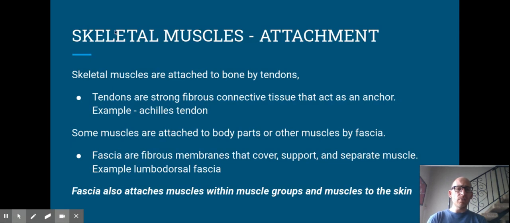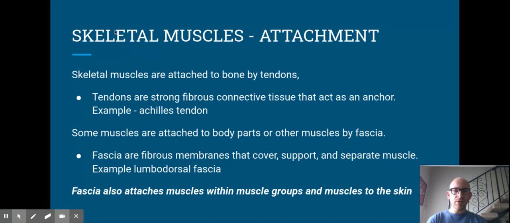Now, not all muscles are attached by tendons. Certainly if you look at all of the limb muscles, they are, and they have obvious tendons. But some of our other muscles have points of origin that attach over a much broader piece of real estate. Some of those are attached by fascia.